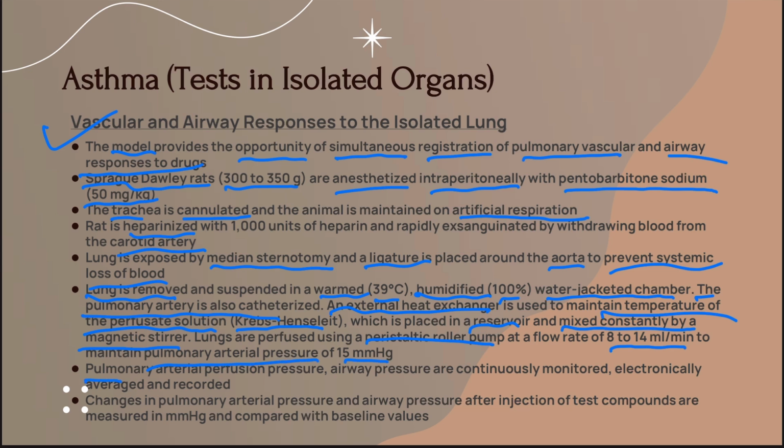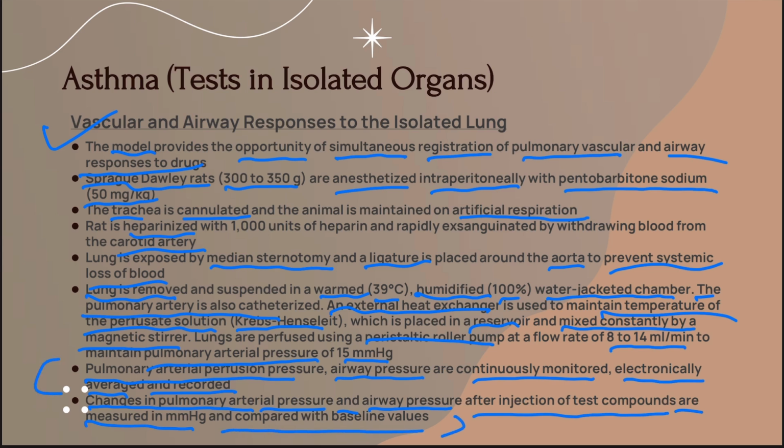The pulmonary arterial perfusion pressure and airway pressure are continuously monitored electronically, averaged and recorded. The changes in the pulmonary arterial pressure and airway pressure after the injection of the test compounds are measured in mmHg and then compared with the baseline value. So these two points are the major points: first, pulmonary arterial perfusion pressure, and then airway pressure.